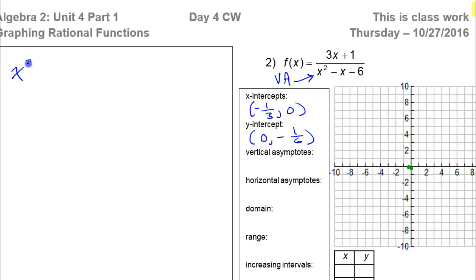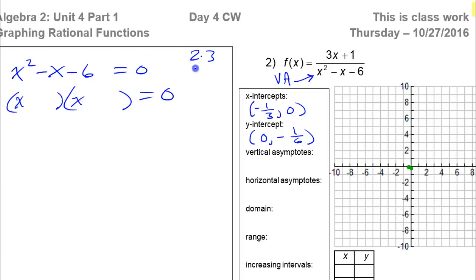If I set x squared minus x minus 6 equal to 0 and solve, I'm going to factor this. So x squared will be x times x. 6 is either going to be 2 times 3 or it will be 1 times 6. The middle has to be negative 1, so I'm going to try the 2 times 3.